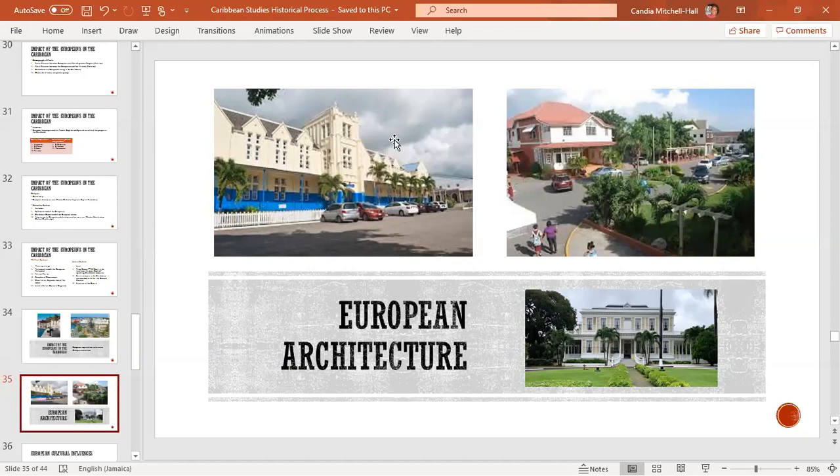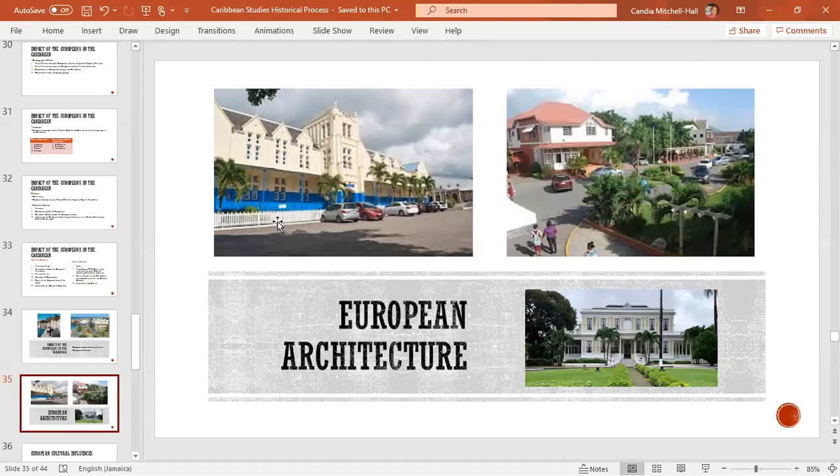Some of our schools, for example, this is Jamaica College. If you look at the building right here, it's very European. This is their main building. St. Andrew, the main building, although it has some modification, still has its Georgian roots. Same thing with Devon House. Yes, here, Devon House, very European.